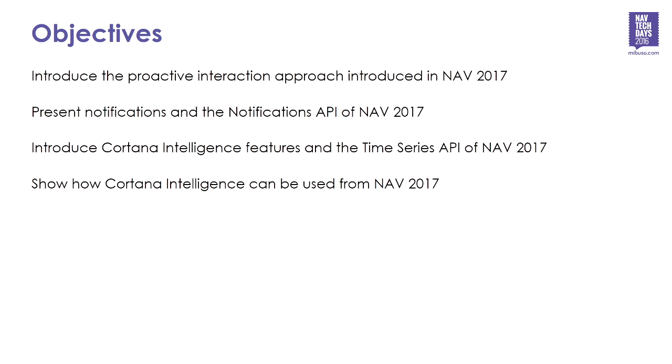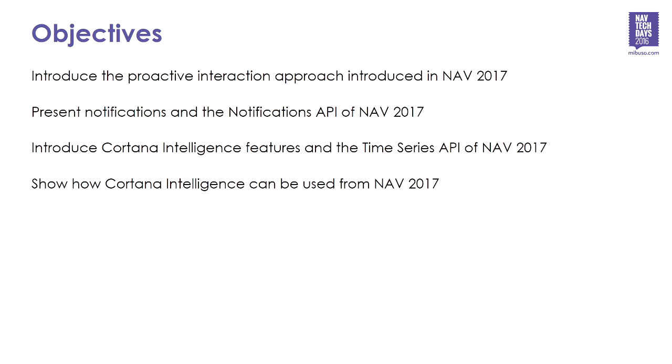Right, so we have two major things that we would like to share with you. First of all, we'll do a brief introduction of what we think is a new interaction approach in NAV and in ERP systems in general. Then Jesper will give you all the details of notifications, and in particular the notification API that we have introduced in NAV 2017.